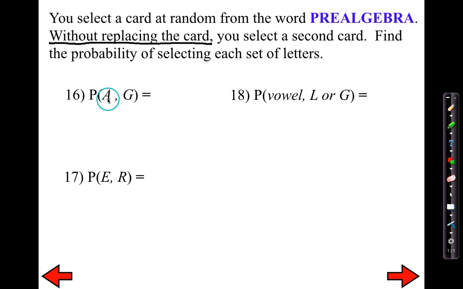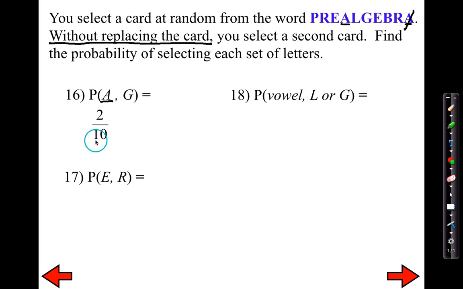So here, what was the probability of getting an A? Well, the probability of getting an A was 2 out of 1, 2, 3, 4, 5, 6, 7, 8, 9, 10. So it's 2 out of 10. But once an A is chosen, I'm just going to go ahead and eliminate this last one. It doesn't matter which one you eliminated, but just so that you know, I went ahead and took the last one out. What's the probability of getting a G?